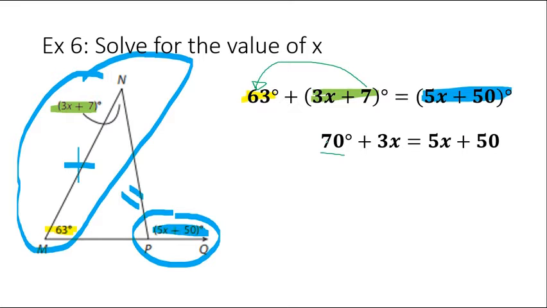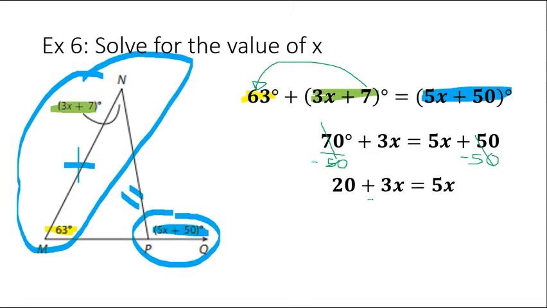So now I want to solve for x. So what I'm going to do first is subtract 50 from both sides. So these eliminate. Subtract 50 from over here. So this gives me 20. And then bring down the 3x, bring down the 5x.